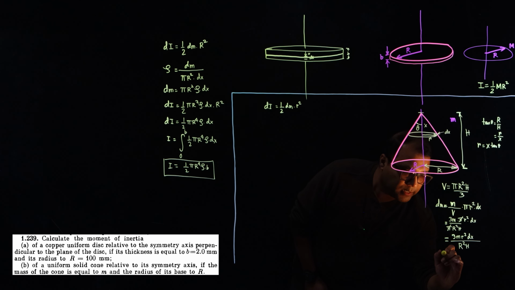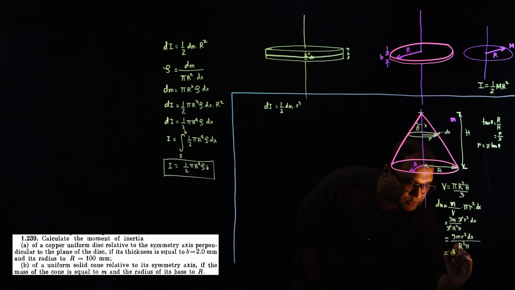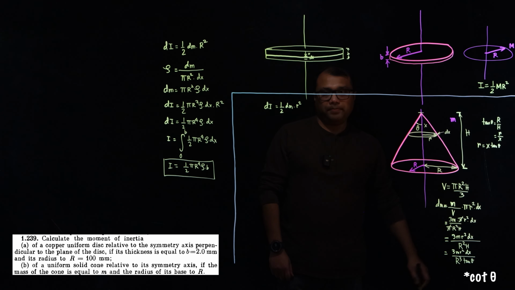We can also write h as R tan theta. So this becomes 3m small r square dx by R square into R tan theta, so R cube tan theta. So that is my dm.